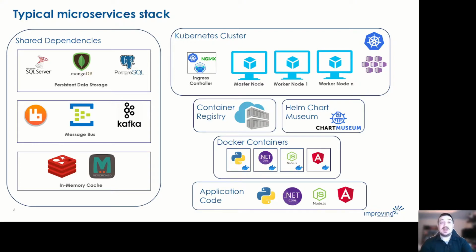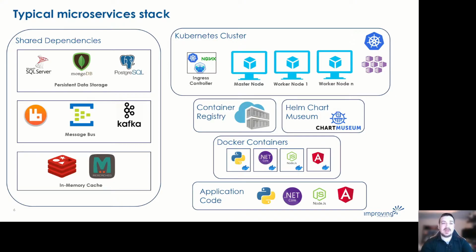Downside of Kubernetes is it can be complex, and you've got to manage these nodes and the infrastructure and Ingress and set all that up. There's some complexity to that. So in addition to your application running in your Kubernetes cluster, you'll connect to some shared dependencies.